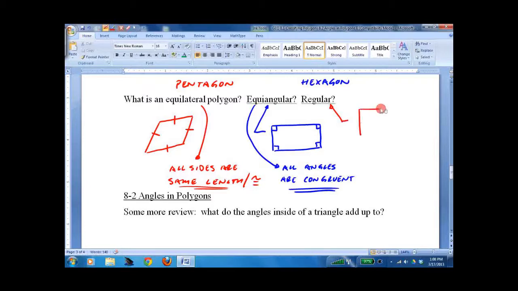In this case, it'd be a square. All angles and sides are congruent. So that's just some work on polygons. Discussed some of this before, so it's a good chance to review, practice it.